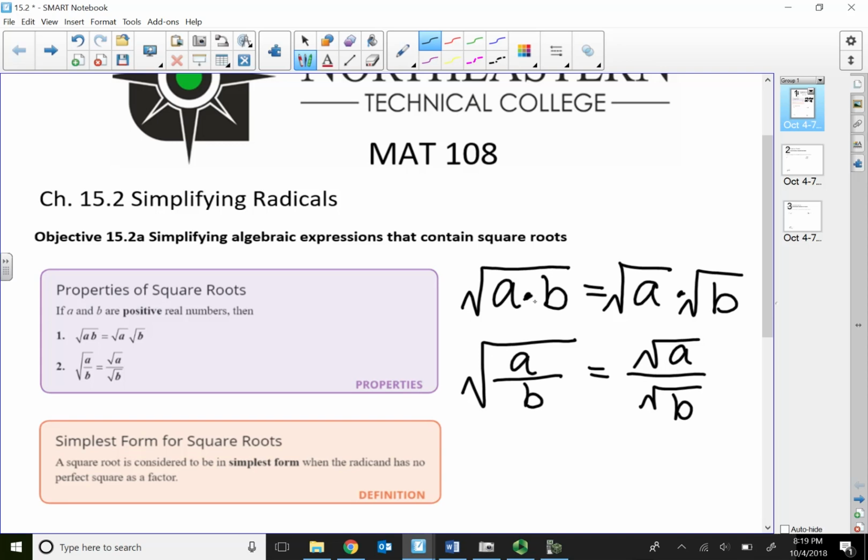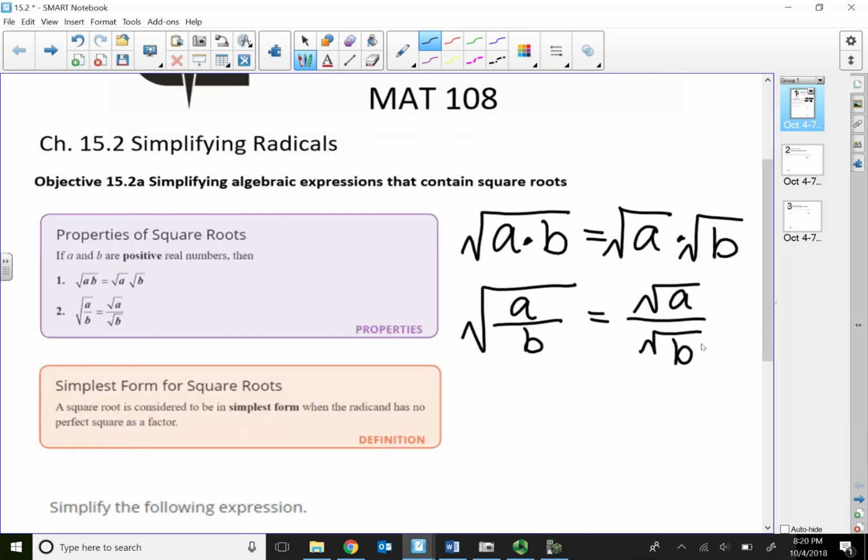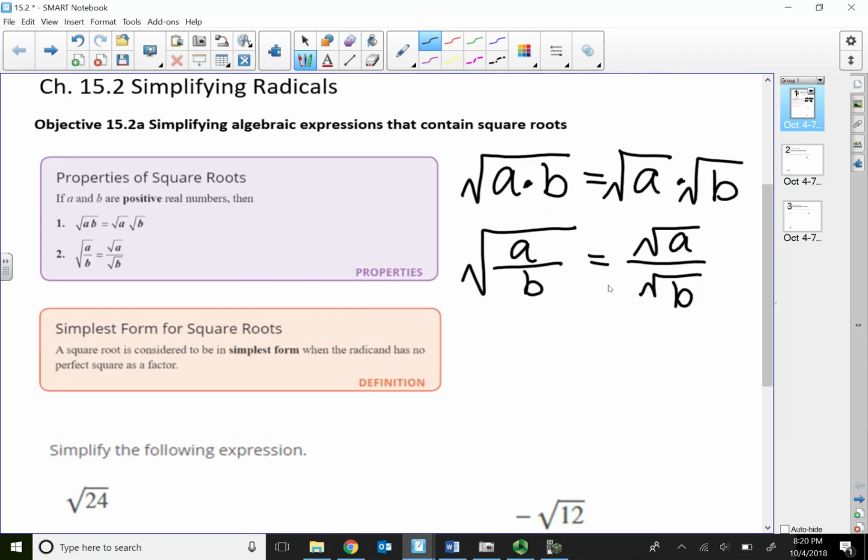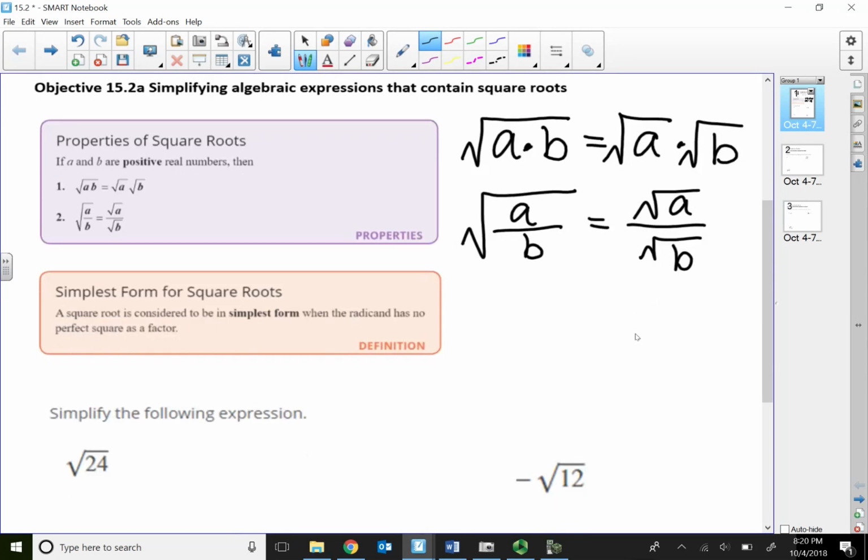We cannot do this if it's addition or subtraction, because those are considered multiple terms. We cannot split those. We can split them if it's only one term. So the more factors I have inside my radical, the more radicals I can split them into. All right, very important concept. We use this quite a bit when we talk about multiplication and division of radicals.